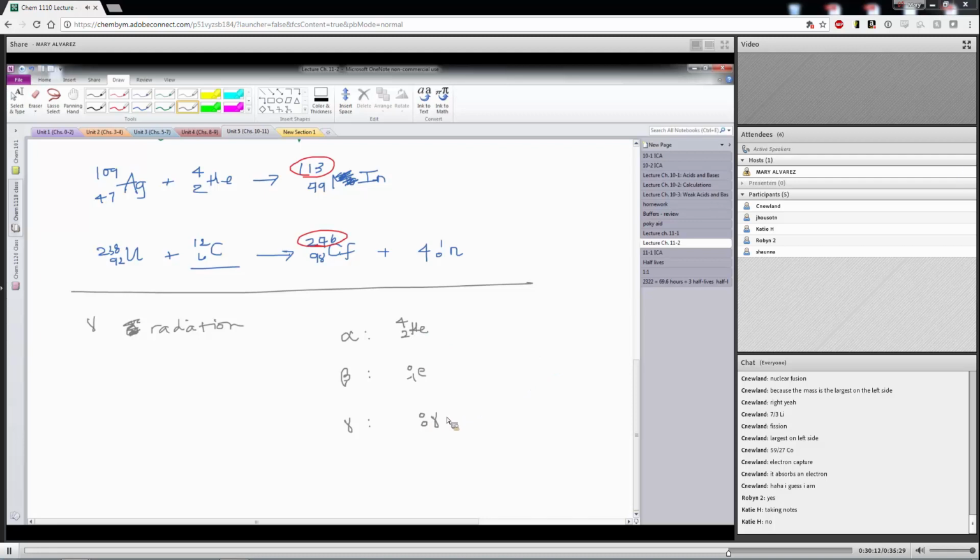The reason that these properties are important is because that's going to impact how much energy they carry with them and how much damage they can do and how easy it is to stop them. Okay? Because all radiation can be dangerous in that these particles or this energy is sufficient to ionize surfaces that they come into contact with.